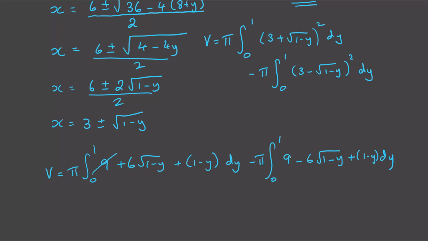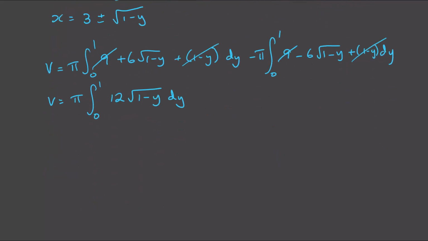And we can see here those 9's are going to cancel out, the 1 minus y's are going to cancel out, and we end up with pi times the integral from 0 to 1 of 12 root 1 minus y dy.